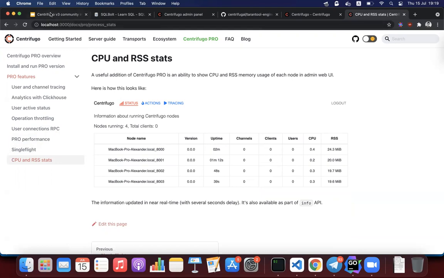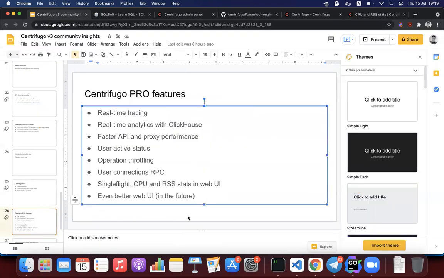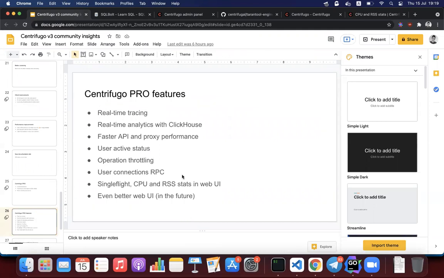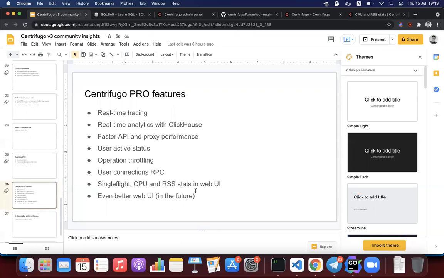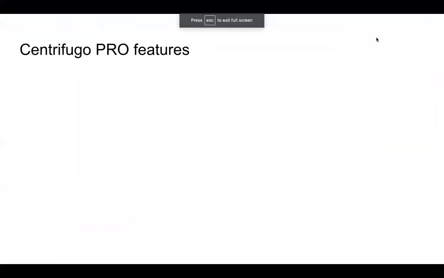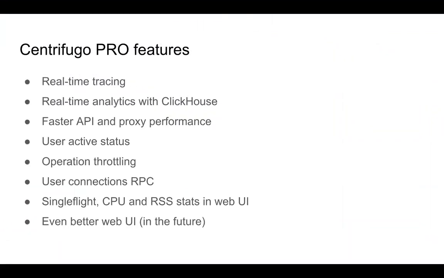And there are plans to make a better web UI in the future. I'm not sure how it will go again, so we'll see. Any questions regarding Pro version, guys?